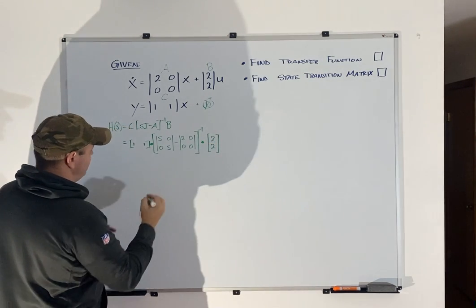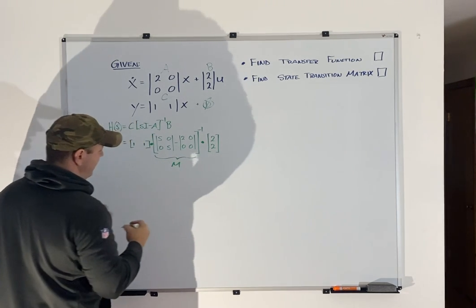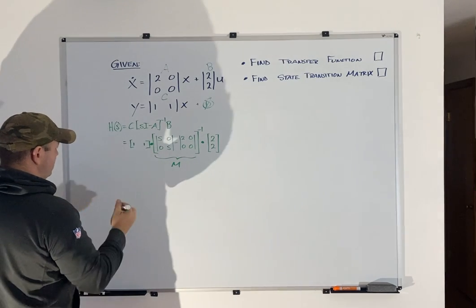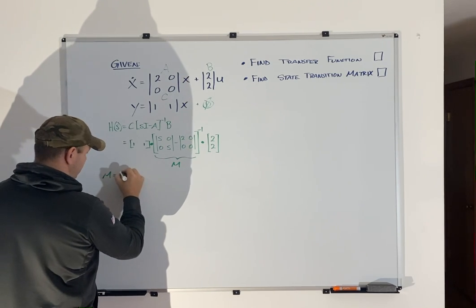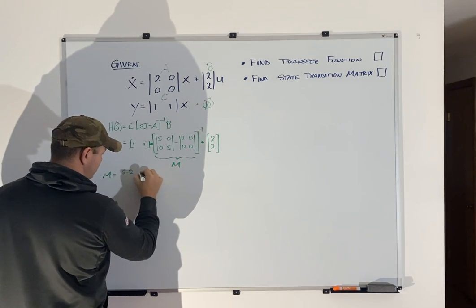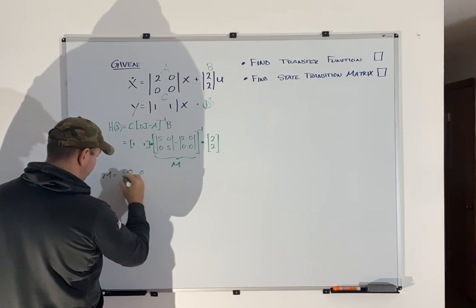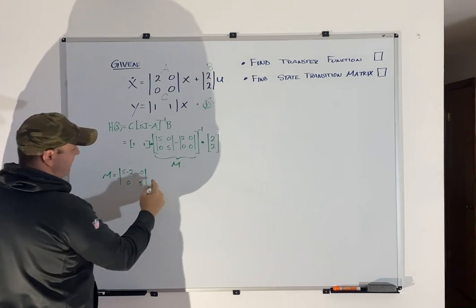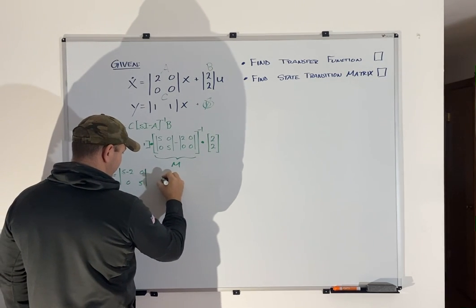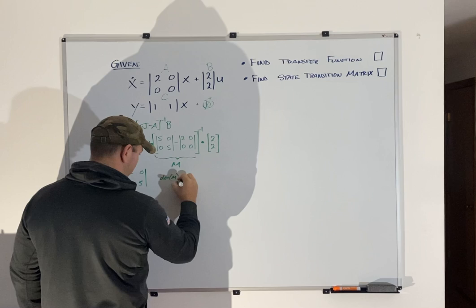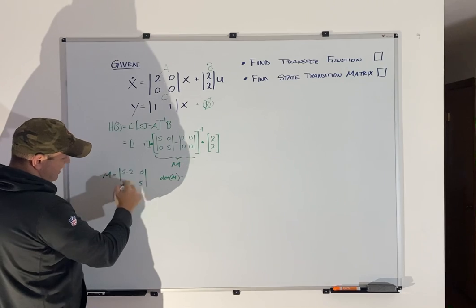Okay, I'm going to go ahead and call what's inside of here M. So M is equal to S minus 2, 0, 0, and S minus 0 is just S. That's M. But I need M inverse, so first step of the inverse, let's solve for the determinant of M. It's going to be these ones multiplied together minus those ones.